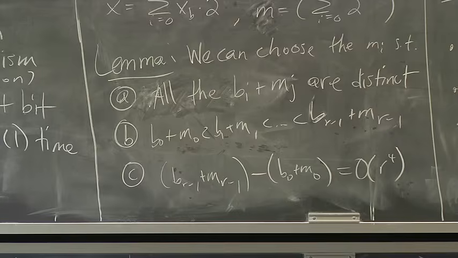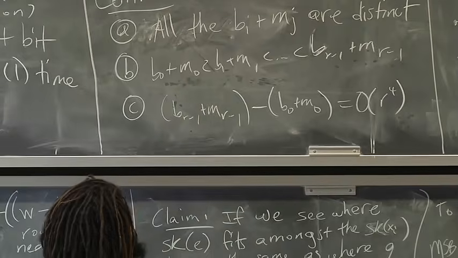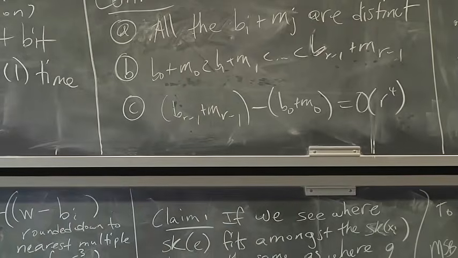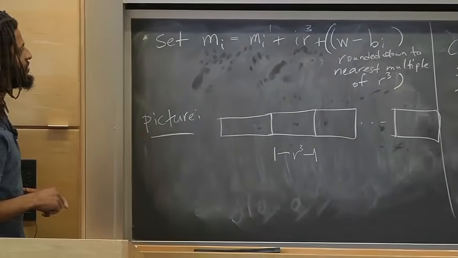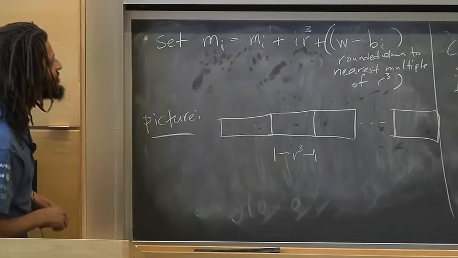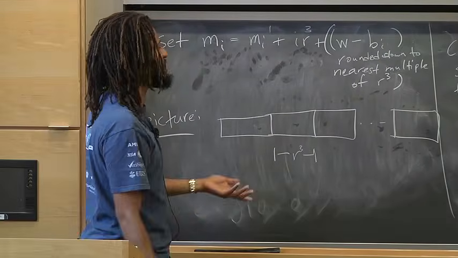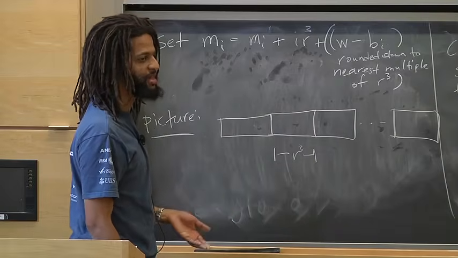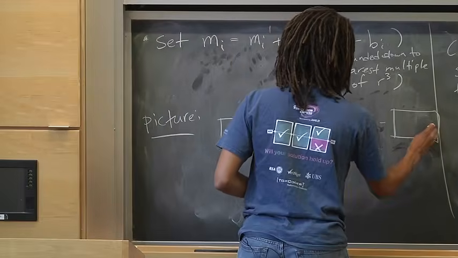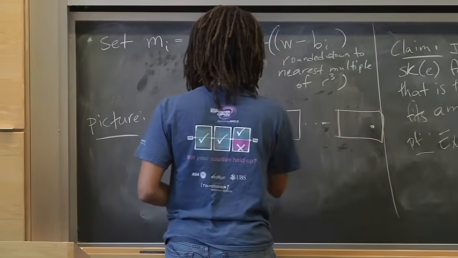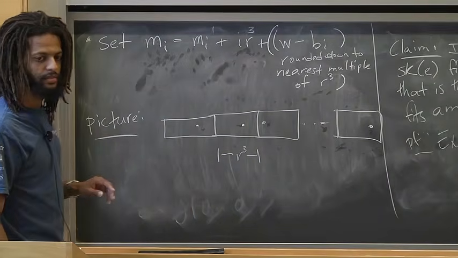And we want this property that b0 plus m0 are increasing. I guess the picture I drew is exactly what this does. I don't want to spend time on tedium, but this picture will exactly put one guy in every single block. What is the role of w?